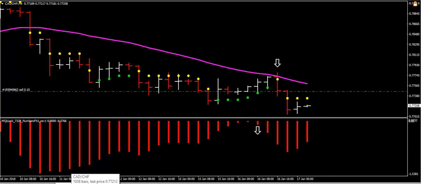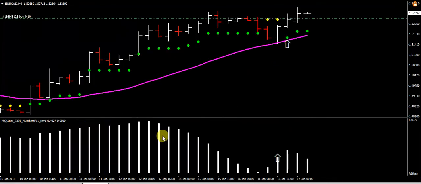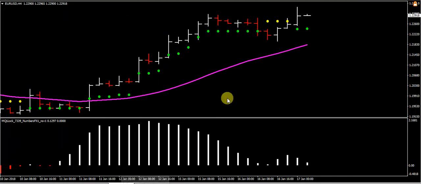So CAD Swiss franc is one of our trades. Euro CAD is one of our trades. Euro USD, although we got a nice uptrend, didn't come back, didn't really give us a clear signal. It's bounced up, but this volume is coming back down now, so I'm going to leave that one.